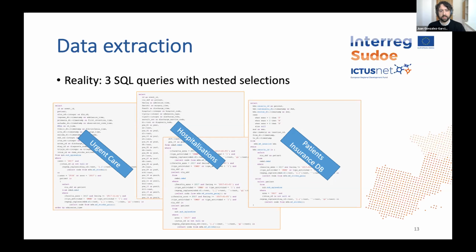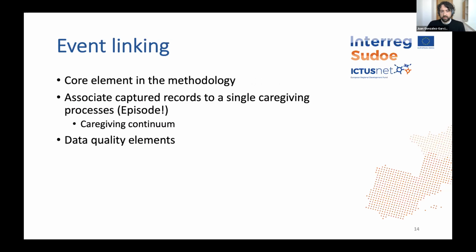If you go to the next slide, once you have this information, basically what we will have at this point is the events you have extracted from these information systems. We have to link the events, because sometimes you can have these events already linked, but in general, what we have observed is that the different healthcare facilities and organizations don't have the events integrated to represent a whole episode.